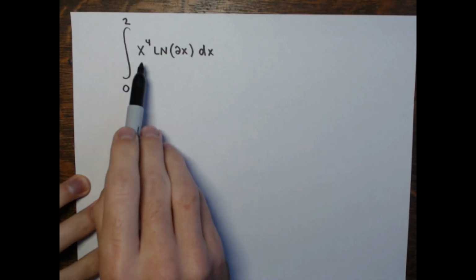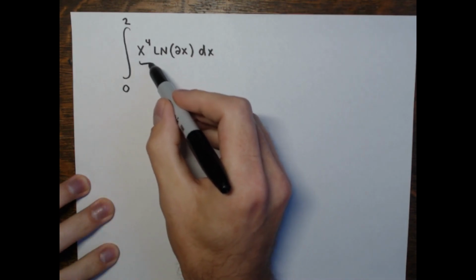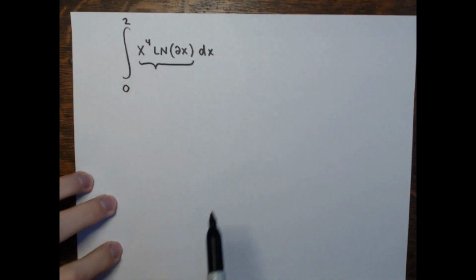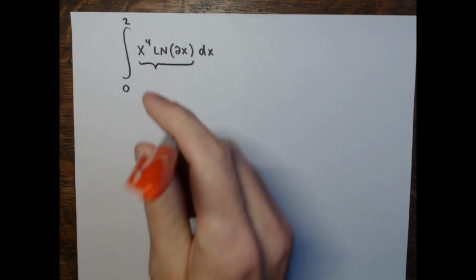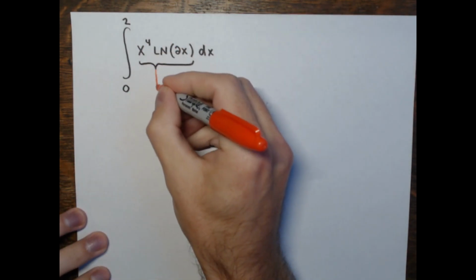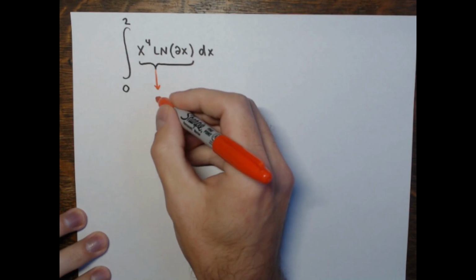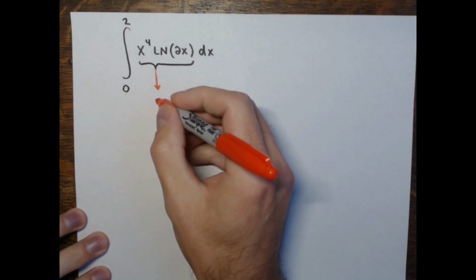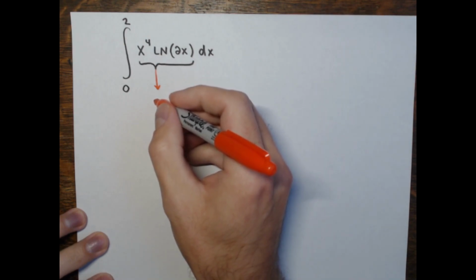All right, so like I said, this x to the 4th times the natural log of 2x, the integrand, I'll draw a picture of this. Again, a very, very rough picture. I'm not doing first derivative, second derivative, or finding where it's concave up, concave down, any of that junk. I'm just going to draw a very, very rough sketch of this function.